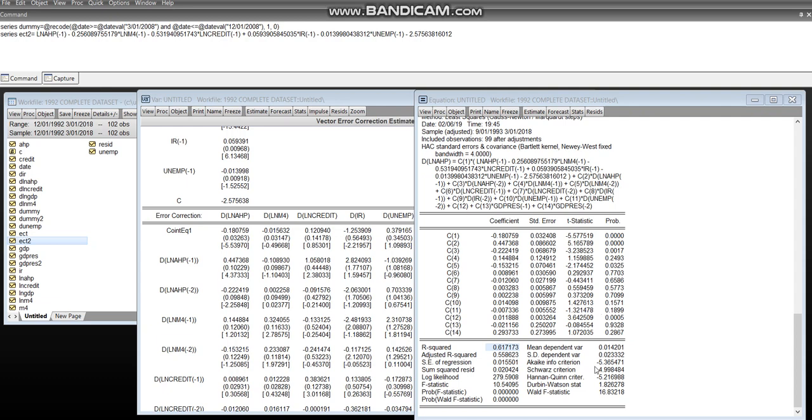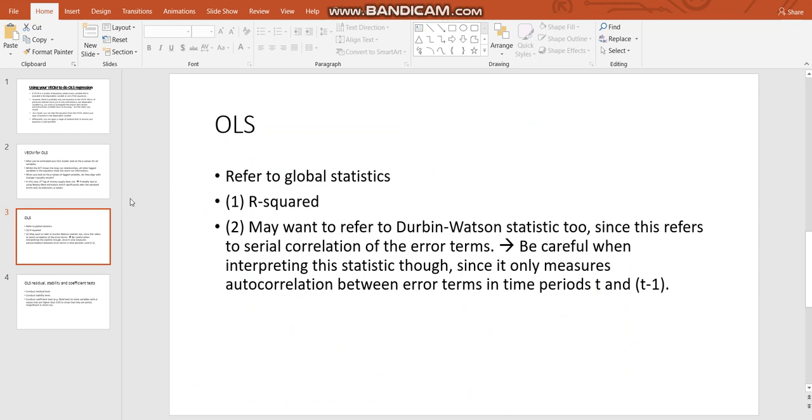Another thing we could also refer to is the Durbin-Watson statistic. We could talk about how it has a value that's relatively close to 2. That generally means that we can say that there's no autocorrelation between the error terms in time period t and in the immediately preceding period t minus 1.